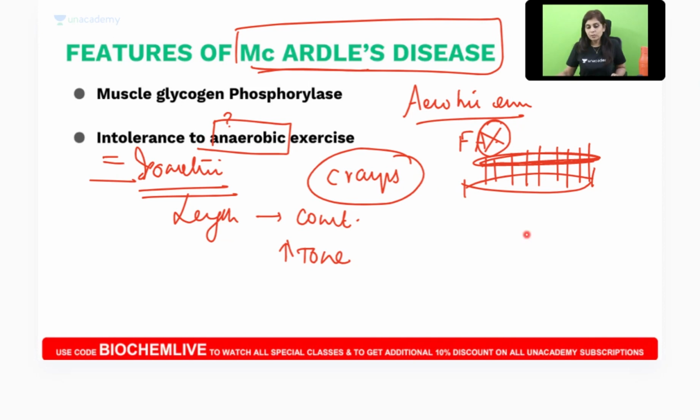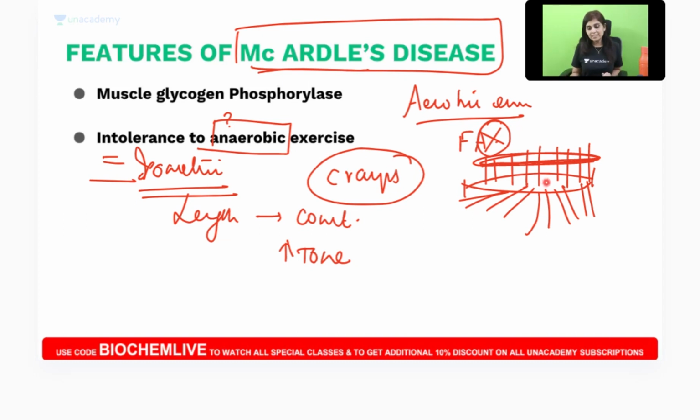Can the muscle get glucose from the circulation? For the same reason why I told you the muscle is not able to get oxygen, the muscle will not be able to get glucose as well, because the blood vessels are constricted. So no other go, the muscle becomes dependent on its glycogen.